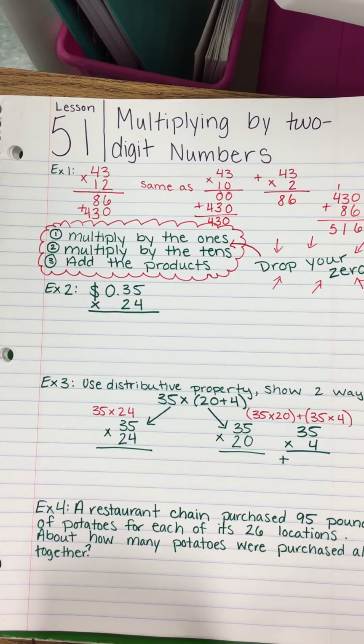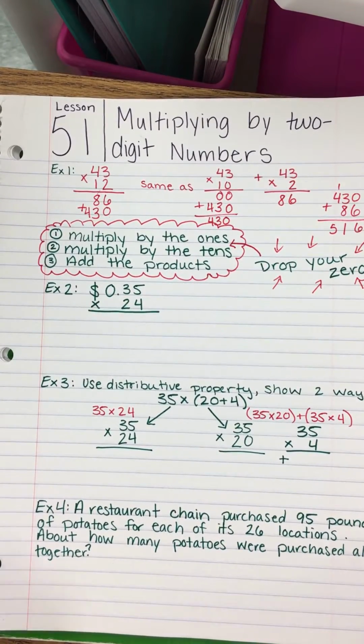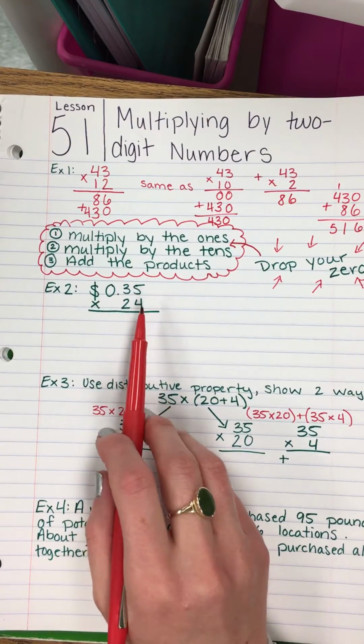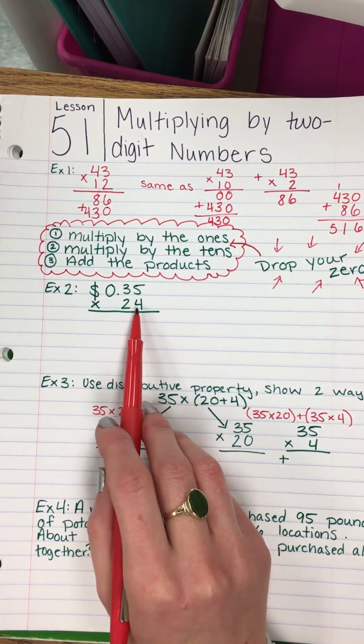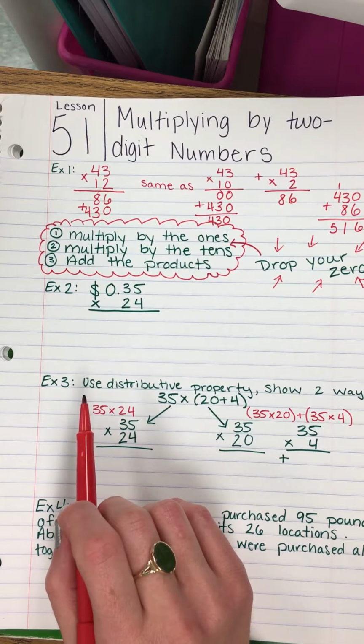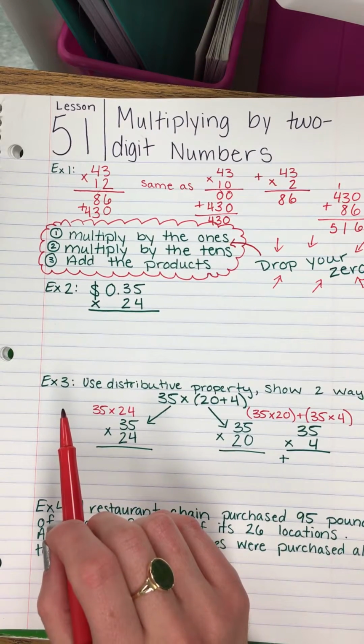Example 2. At 35 cents each, what is the cost of 2 dozen pencils? 2 dozen is 24. So we do 24 times 35. We multiply 35 cents by 24. We ignore the dollar sign and the decimal point until we have a final product.